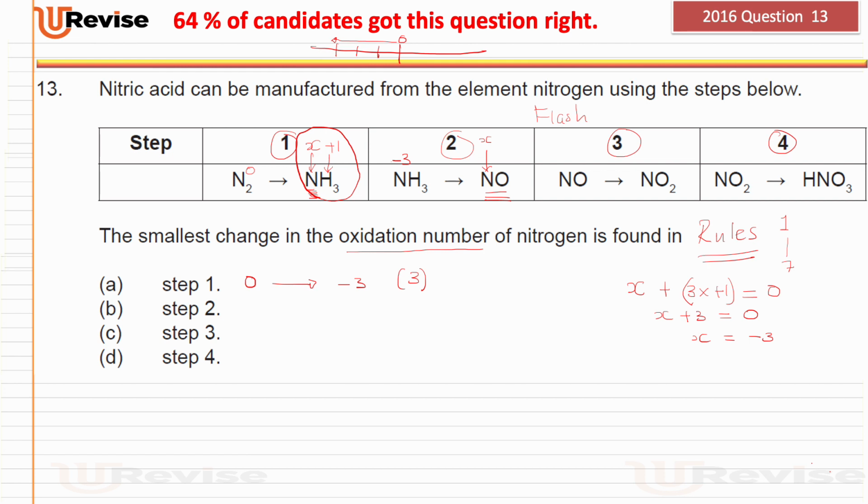The oxidation state of oxygen is -2, right? And that's the rule. It's always -2, but there's an exception to that rule, which says except when oxygen is bonded to a highly electronegative fluorine or when it's in a peroxide.